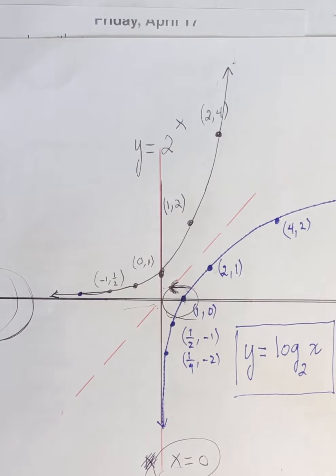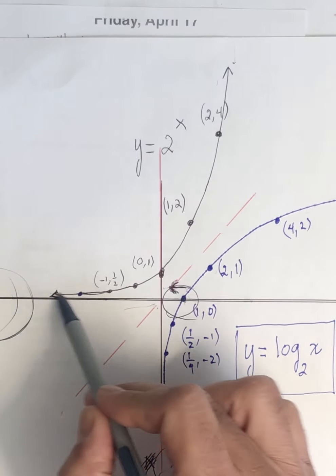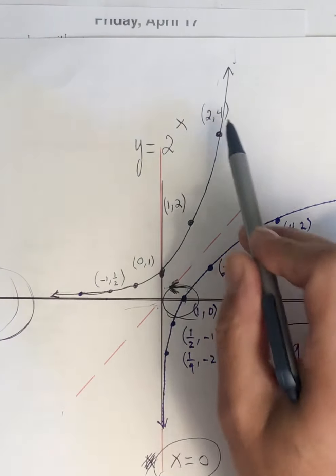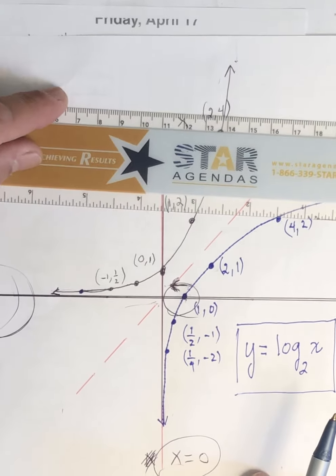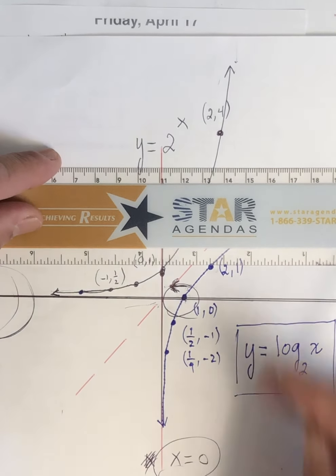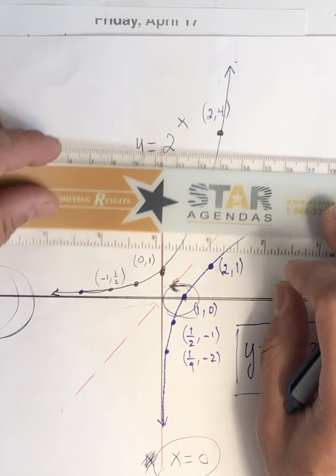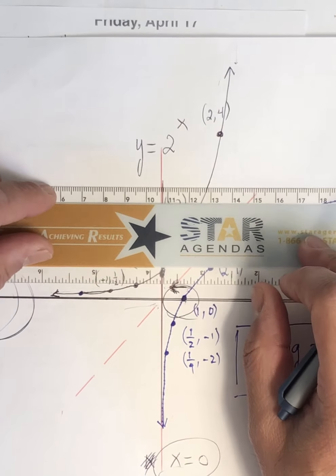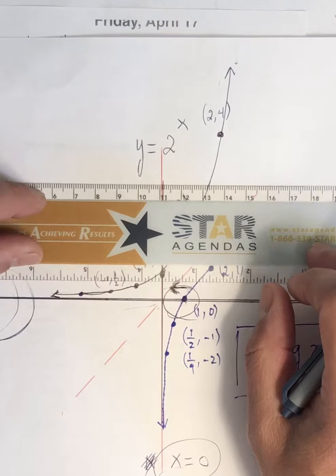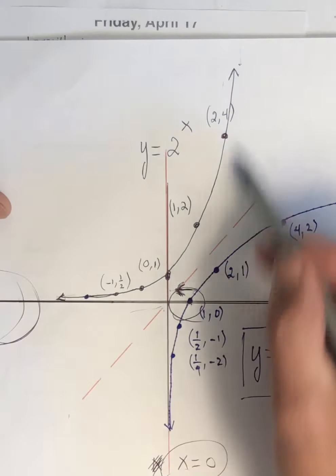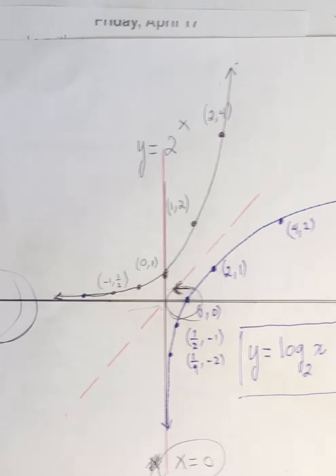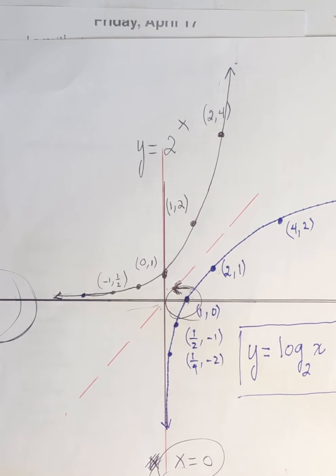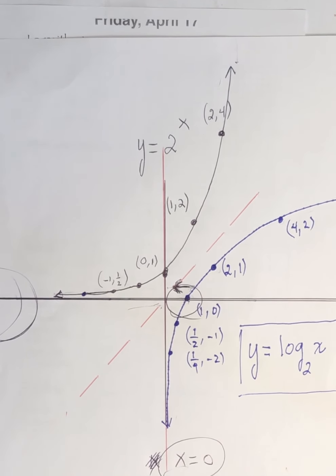Just like the graph of the exponential function passed the horizontal line test, meaning no matter where I put a horizontal line, there'll be only one intersection with the graph. So the exponential curve passes the horizontal line test. Now, what does that mean? That means the function is 1-to-1.